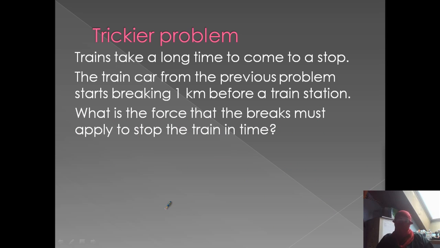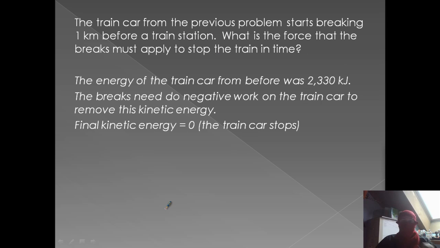So trains, they take a long time to come to a stop. So the train car from the previous problem starts braking 1 kilometer before a train station. What is the force that the brakes must apply to stop the train in time? So the energy of the train car from before was the 2,330 kilojoules. So the brakes need to do negative work on the train car to remove this kinetic energy. So we know the final kinetic energy is going to be 0 because it comes to a stop.